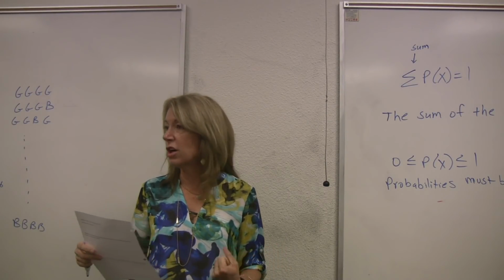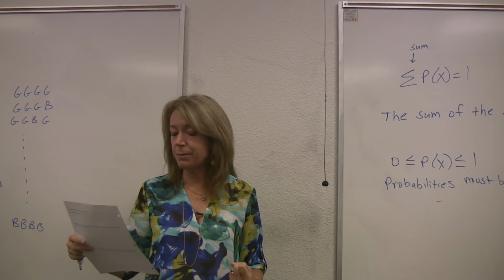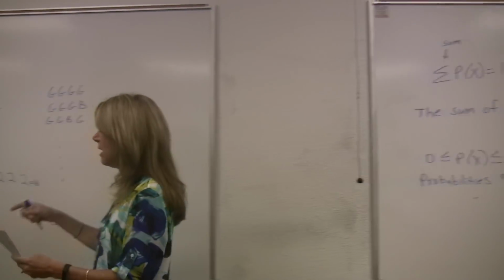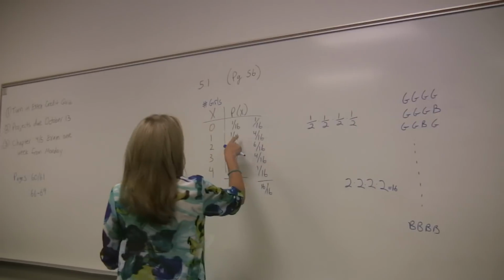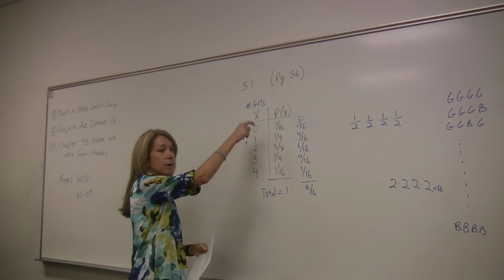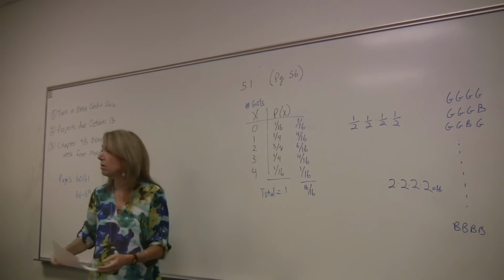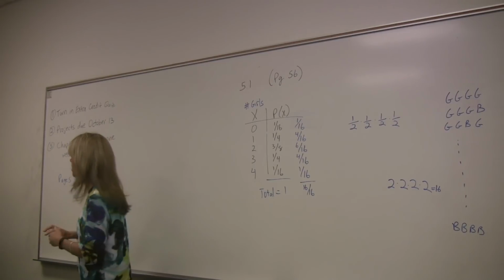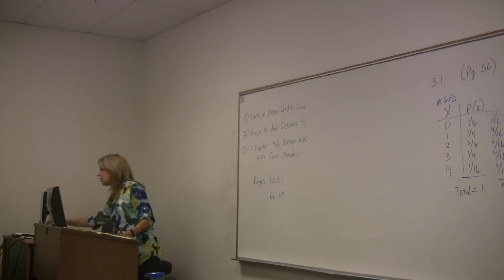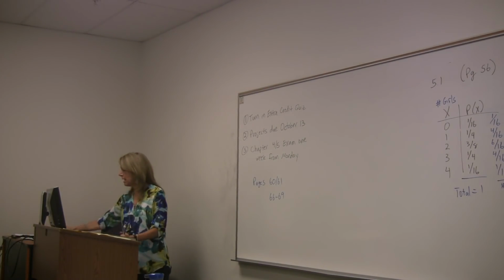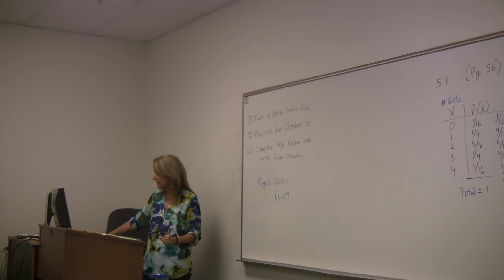So we have to go back and jog our memories on how to do all this. What I want to do is type this distribution into my calculator into list 1 and list 2. So we go to stat and edit, if my computer's on today. Stat and edit. Sounds like it is.